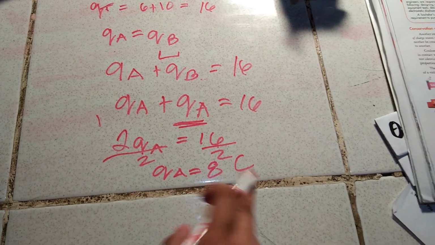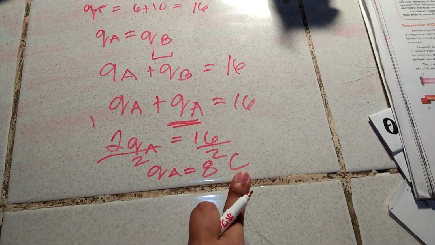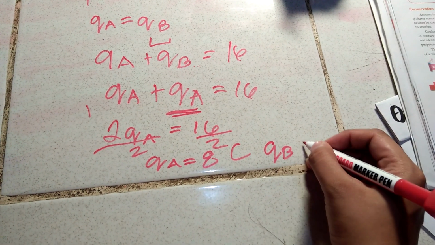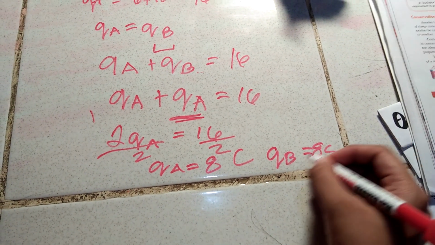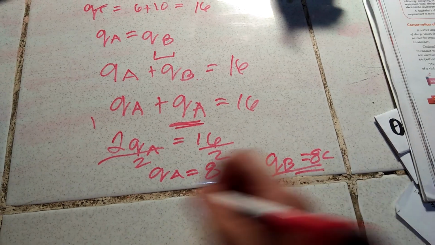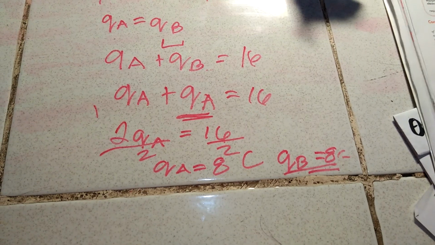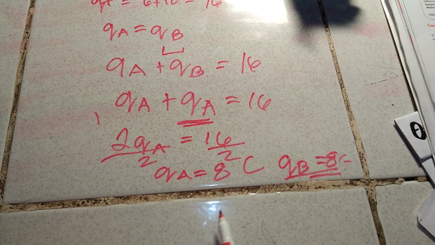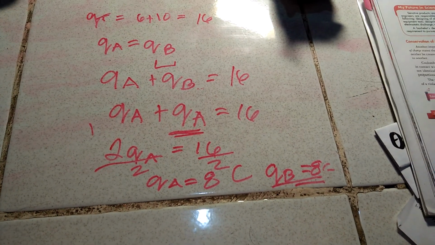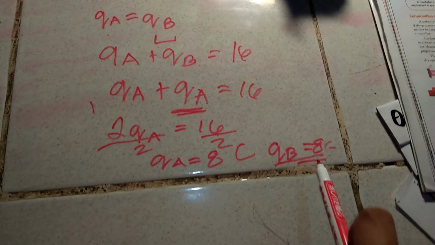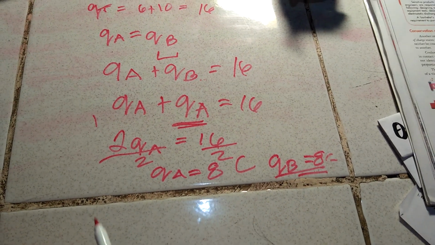And QA is equivalent to QB, so QB is also equivalent to 8 coulombs. There. If we add them, that's 8 plus 8, the answer is still 16. So, 16 before the contact and 16 after the contact.